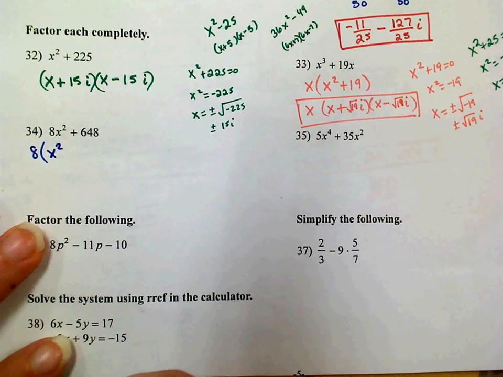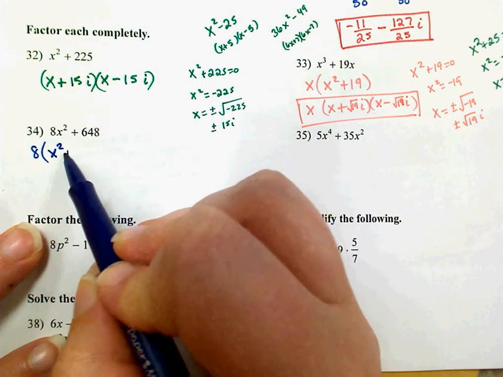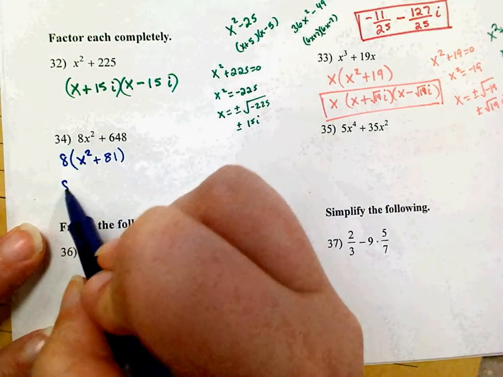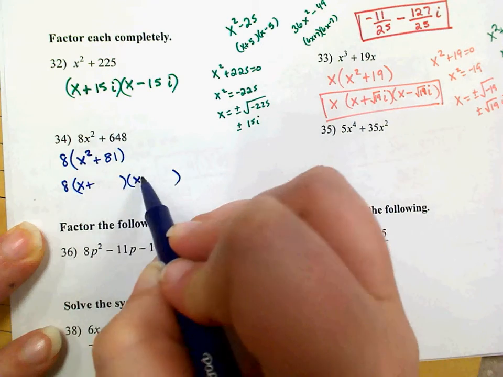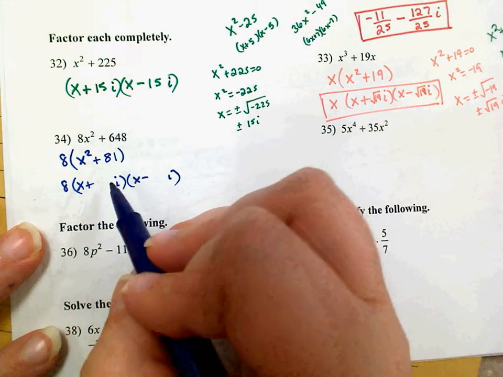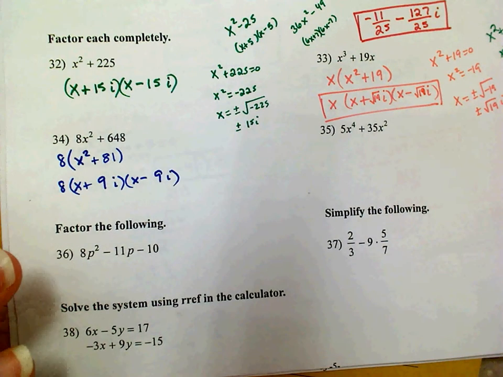And if it didn't work out, then I would divide by 4 or 2 or whatever. So plus 81. Okay, so I've got 8 times x plus, x minus, with an i because of the sum, and the square root of 81 is 9. So 8 times x plus 9i times x minus 9i.